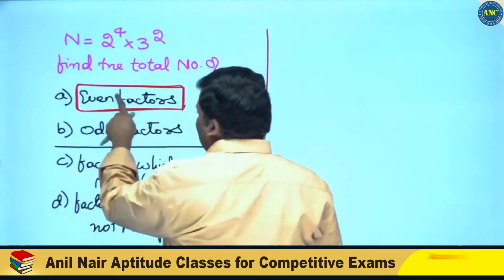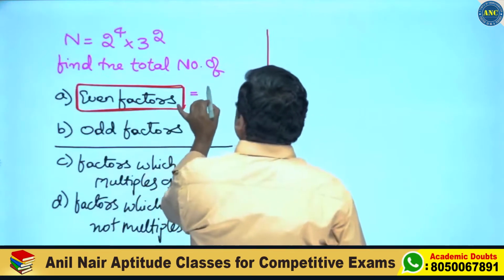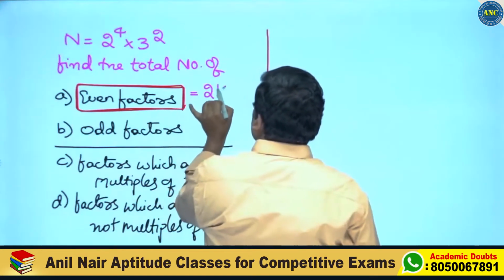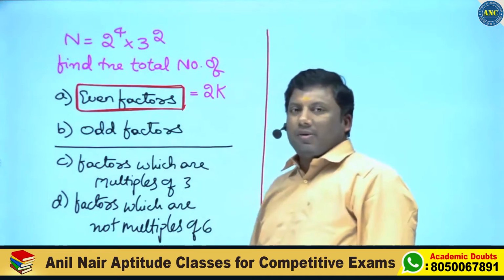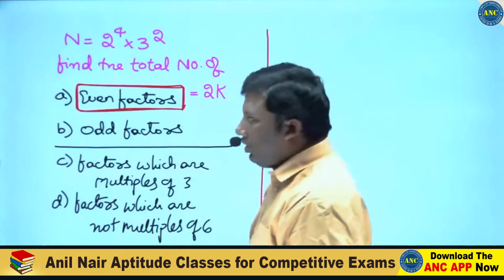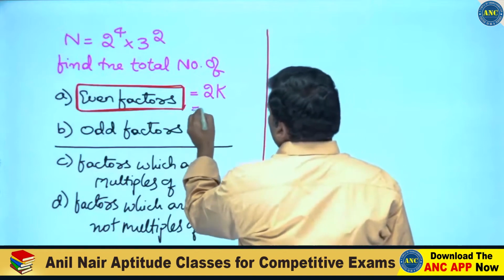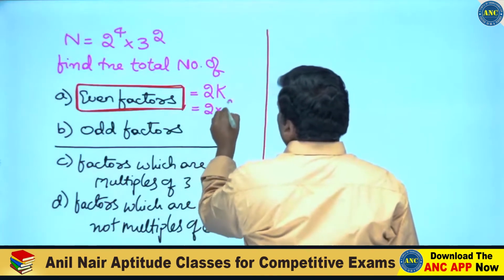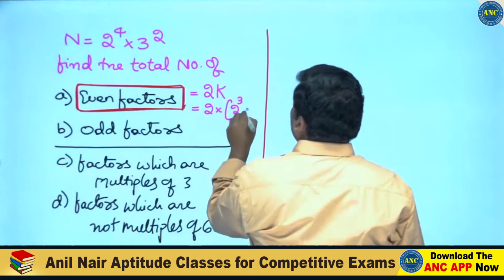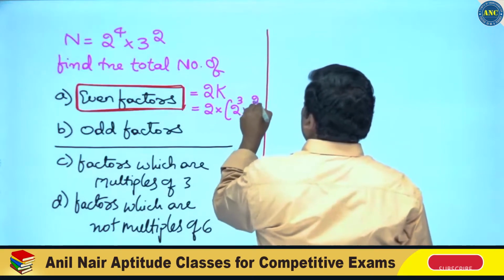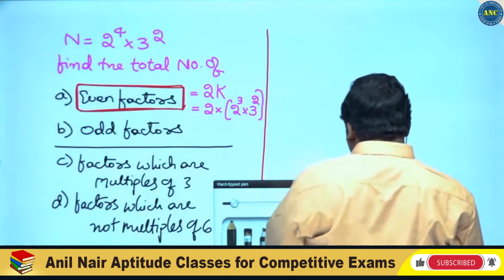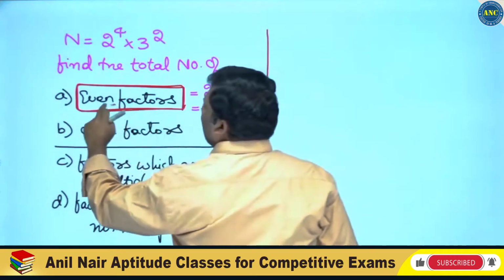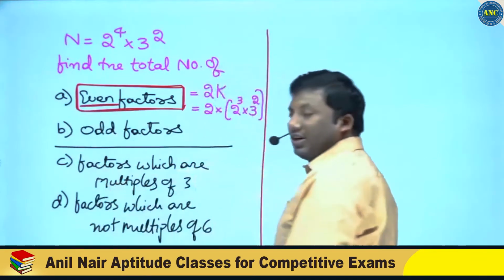Factors which are divisible by 2. Any number which is divisible by 2 is of the form 2 into something. So this will be 2 into 2 cube into 3 square. Why did I take 2 into something? Because it's an even number.